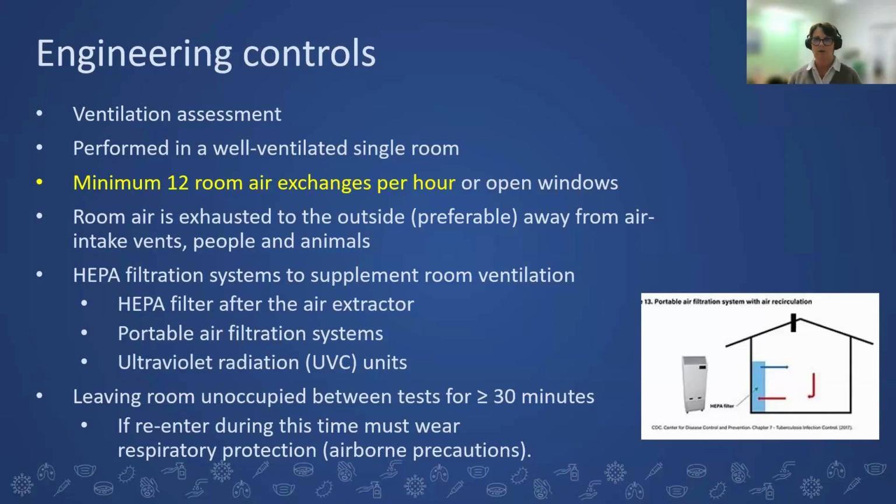So it's really important that the air in the room is being exhausted to the outside, and if it is, that it's away from any air intake vents, so we don't have that contaminated air coming back in, that it's away from people and animals. So we need to be looking outside of our buildings as well, and what's actually happening.